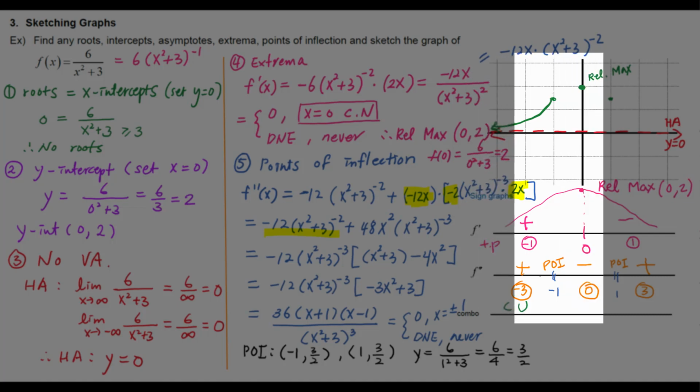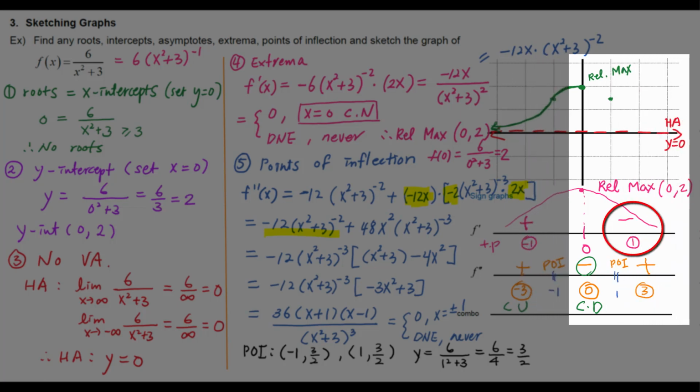Now concavity changes to negative. Between negative 1 and 1, concavity is negative. It's concave down, and concave down is umbrella shape. You can also see your graph is still positive from negative 1 to 0, meaning it is increasing, but it has to now be concave down, so you can change this to umbrella shape.